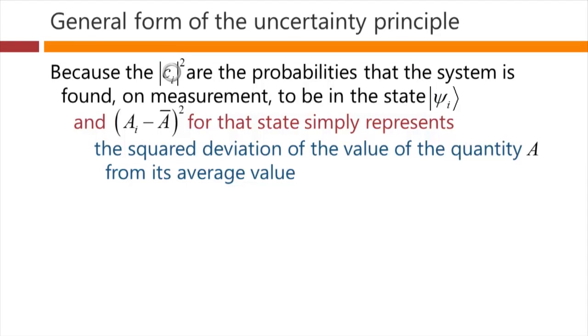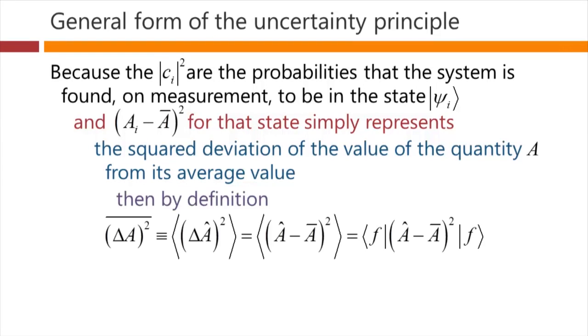And these are the probabilities that we get these various answers when we do this experiment here. Then, by definition, this quantity here is just this quantity on the right. In other words, we have indeed found that the expectation value of this operator, delta A squared, is the mean squared deviations that we were looking for, the average mean squared deviation that we get.